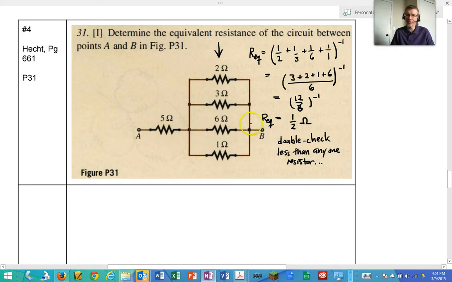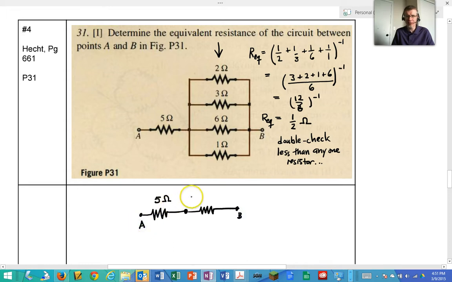So 1/2 is definitely less than 1 and 6 and 3 and 2. Then you have this circuit. So very important to simplify the circuit as you're going. And this is A to B.